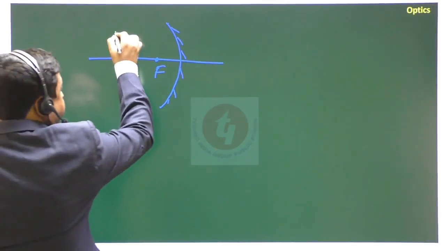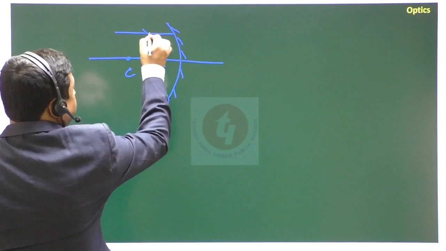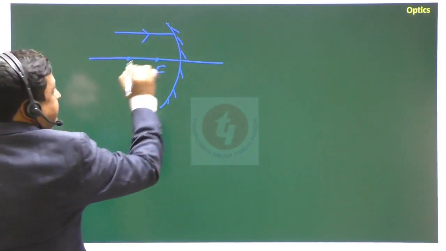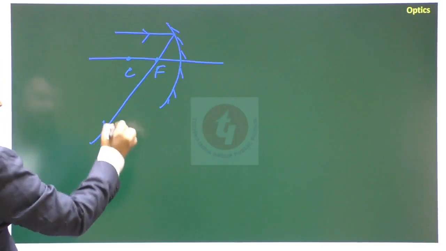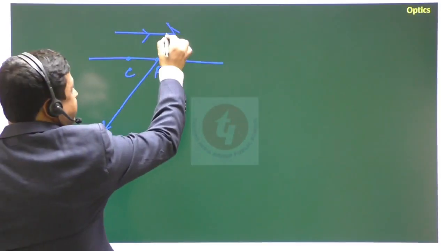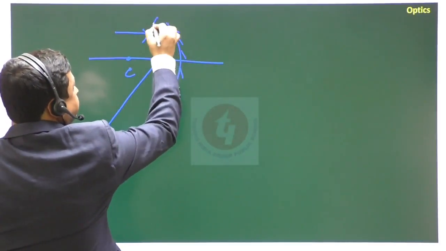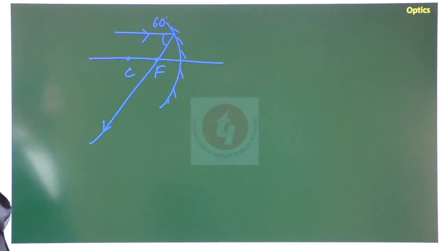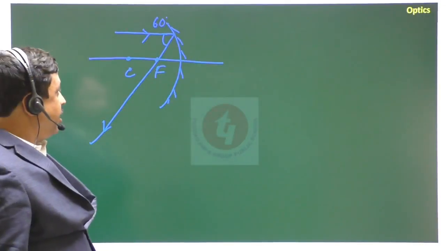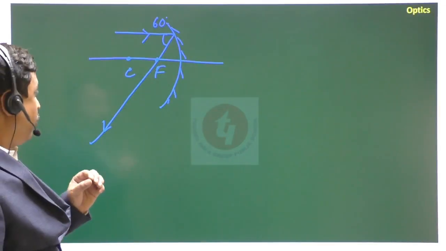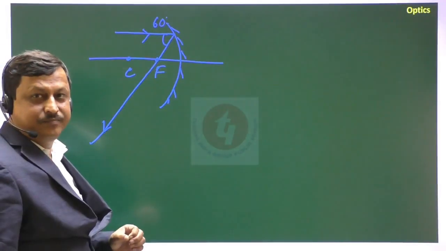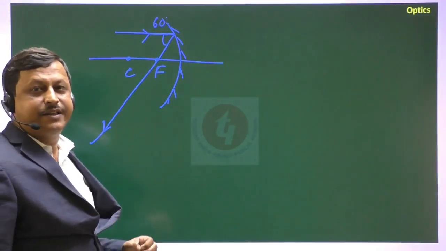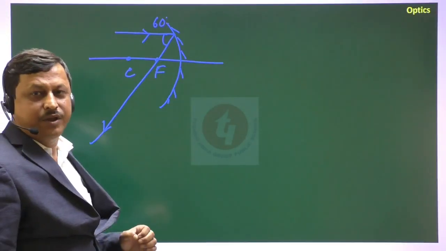If a ray parallel to the principal axis is incident on this mirror and reflects through the focus point, say this angle is 60 degrees. Then what is the angle of incidence?